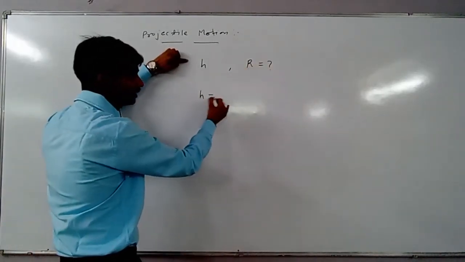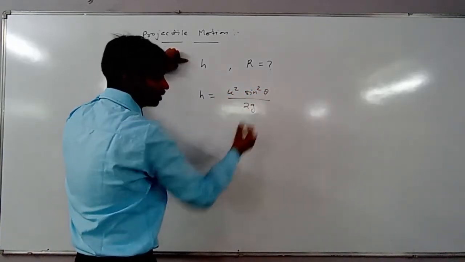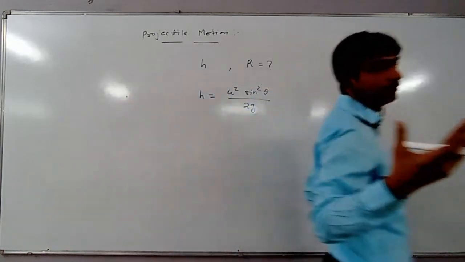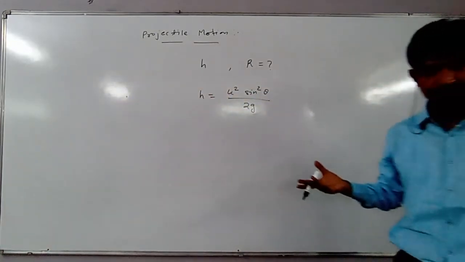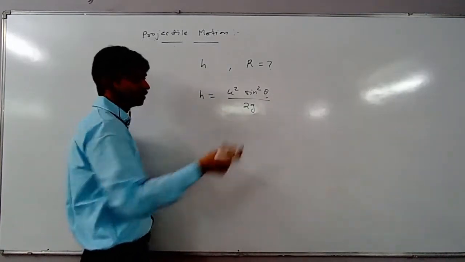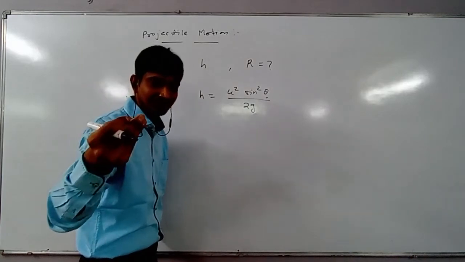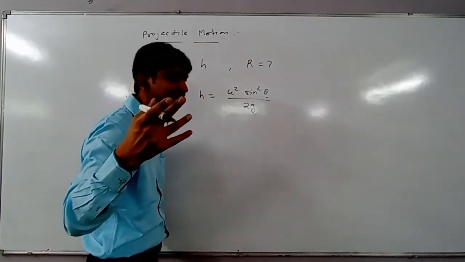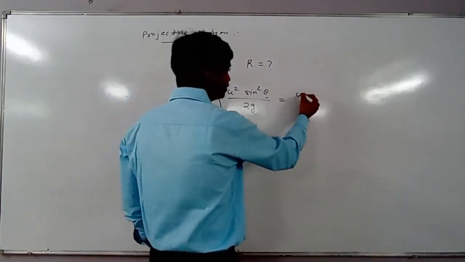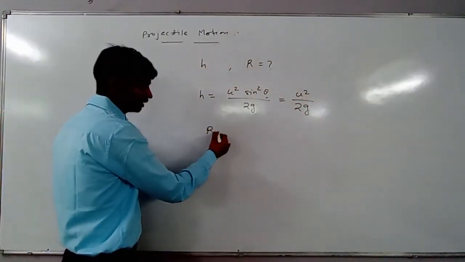See, small h is equal to u square sin square theta by 2g. If you want to find the maximum height, how will you find? Put theta is equal to 90 degree. Why? That is so simple. Sin theta is maximum at 90 degree, right? U square upon 2g.